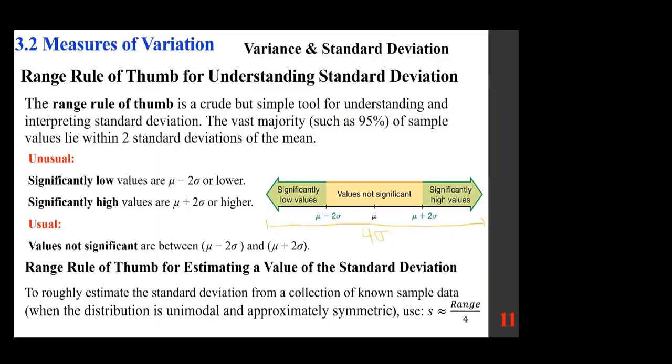And normally we don't have access to the population standard deviation, so if we have that range, we can divide it by 4, and that would be the standard deviation we are going to use. And so range rule of thumb, mu plus minus 2 sigma. Within that is usual, and if it's beyond that, it's unusual.